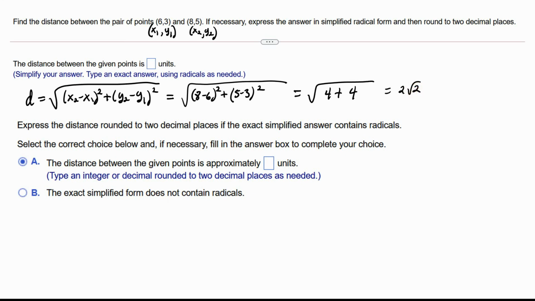And so we're going to put that number here. So the distance between, well, that number doesn't go down, I'm sorry. That number goes up here. It's 2 times the square root of 2.